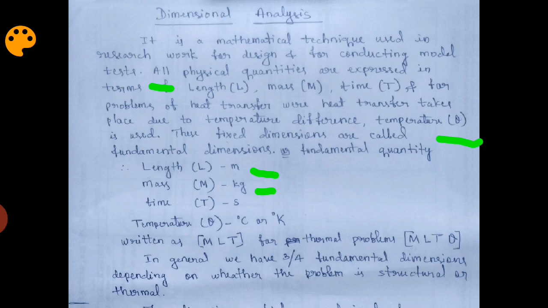One more important thing is, if the problem is a structural problem, we use M, L, T. If the problem is thermal, a temperature term is involved, then we use M, L, T and theta. So in general we have 3 or 4 fundamental dimensions depending on whether a problem is structural or thermal. Moving on to the next slide.